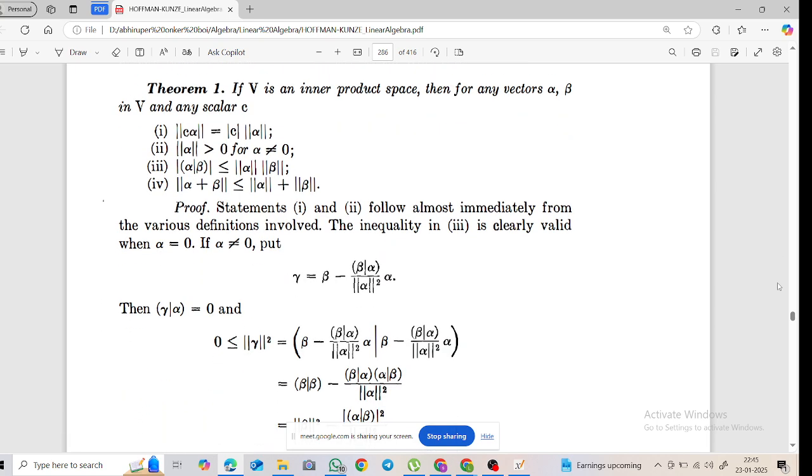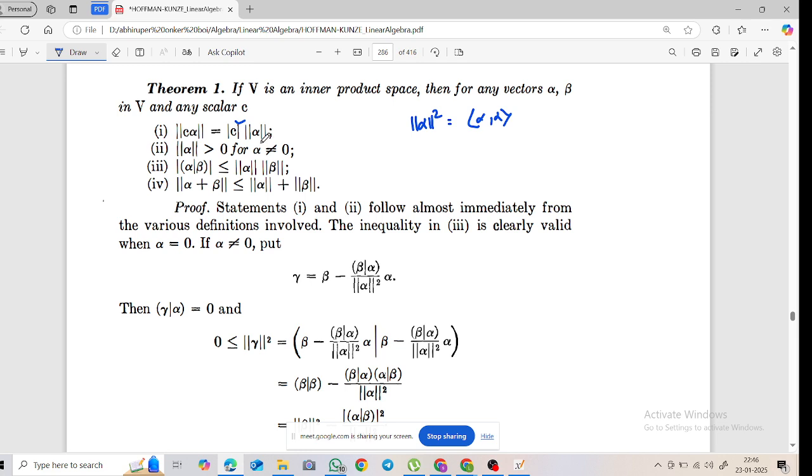Next theorem. Let V be an inner product space. Basically, they are defining a norm. So, norm, do you remember the property of the norm? I mean, this is nothing but this. So, they are about to prove this inequality.